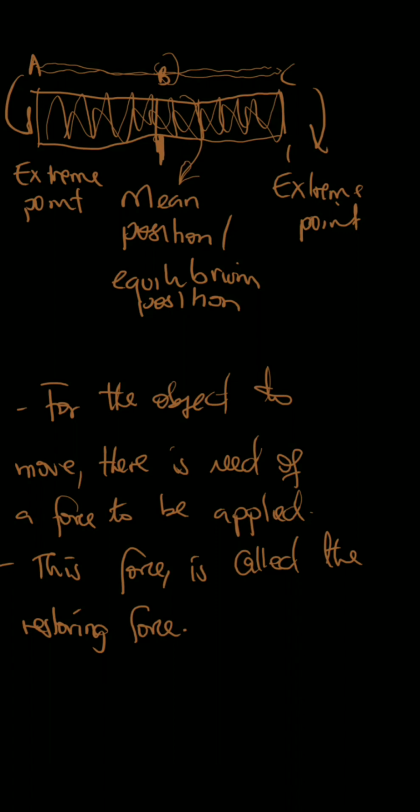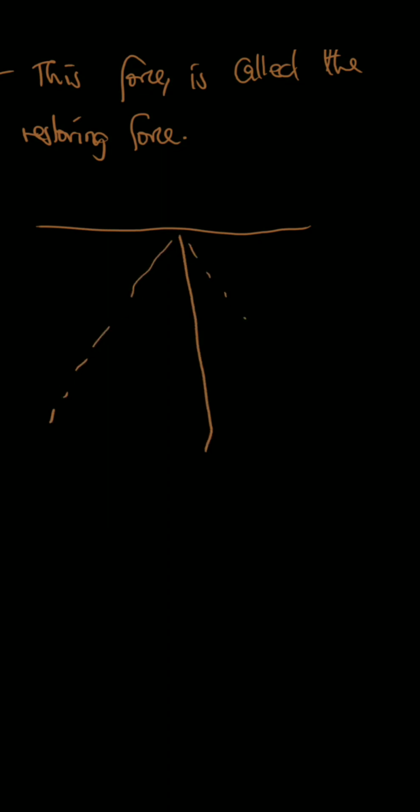I'm going to give an example of a pendulum, and draw a pendulum for reference. This is how a pendulum is. We have a line like that, then we have the extreme points. This is an extreme point, another extreme point, and the mean position.